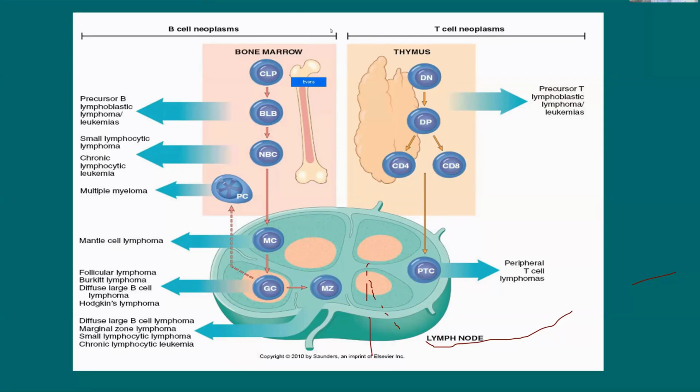The other thing that I wanted to mention is that lymphomas in general are basically either B-cell lymphomas or T-cell lymphomas, and those are the most common ones. I know that there are other cell types, but for the B-cell lymphomas, the journey of a B-cell comes from the bone marrow and goes to the germinal centers of a lymph node, whereas T cells start in the thymus and they go to the lymph nodes.